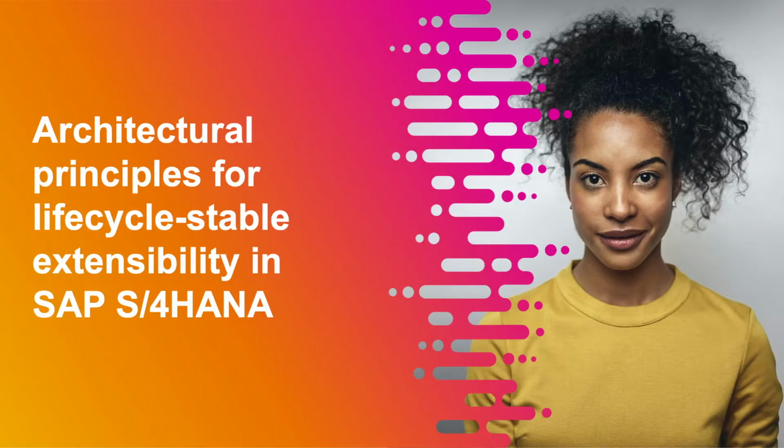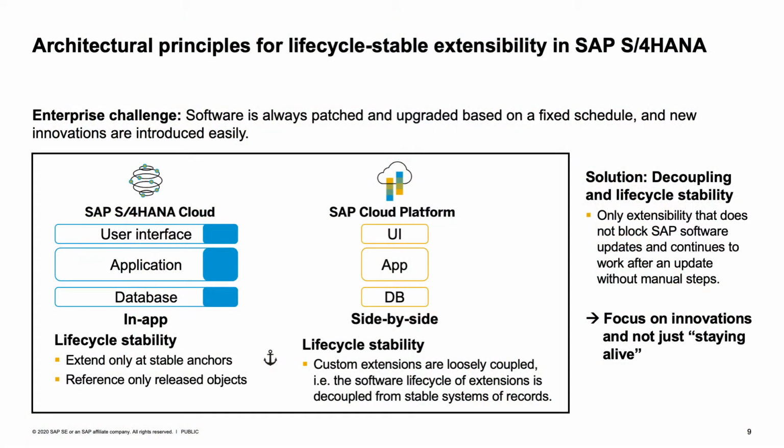Now let's have a look at the architectural principles that both flavors follow. And the most important architectural principle is lifecycle stability. In SAP Cloud Platform, it comes more or less by nature with a side-by-side extensibility, because there you do not at all rely on the S4 stack.